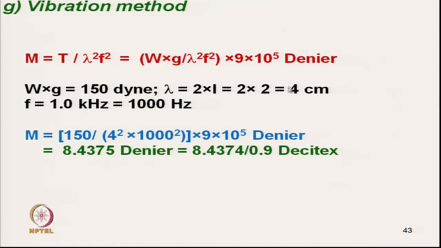To convert from denier to decitex, we divide by 0.9. So, we get the decitex of the fiber as 9.375. This is the way we can calculate the fineness of the fiber in decitex.